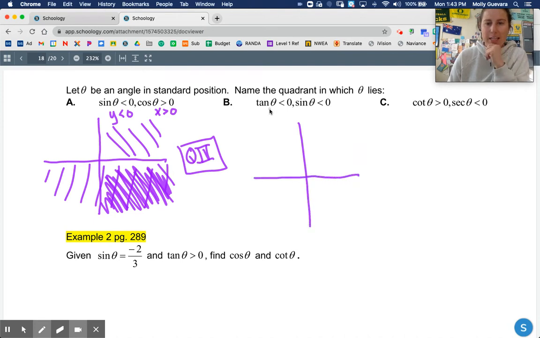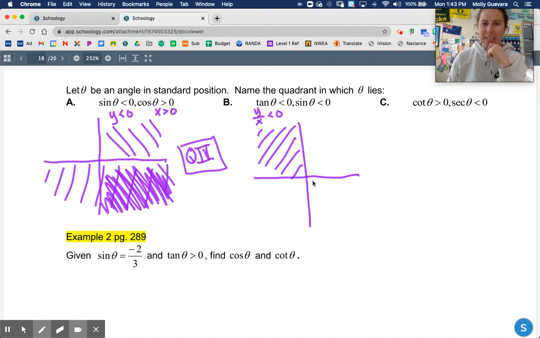Next one tells me that tangent is negative. Remember, tangent is y over x. So if tangent is negative, that means that either y is positive and x is negative, or x is positive and y is negative. Sorry, x is negative, y is positive here.